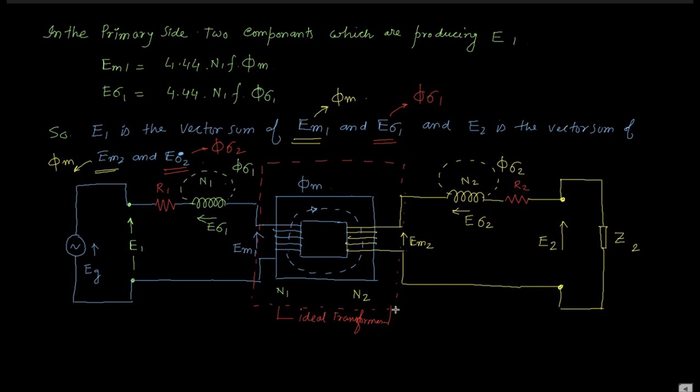But if there is some loss, which is the loss due to the leakage reactance, then we should draw this transformer like this.